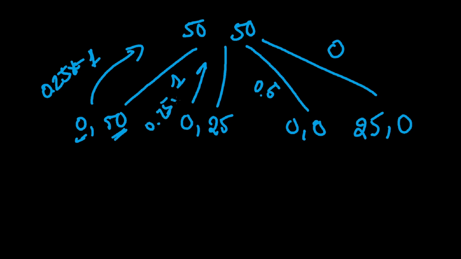So when we return this value, we just multiply it by 0.25. In this example, it's a very small example, so there's no caching coming into play. In the next example, I'm gonna show you what happens when we have a bigger n, and then memoization will come into play.